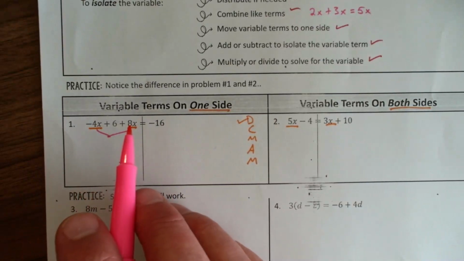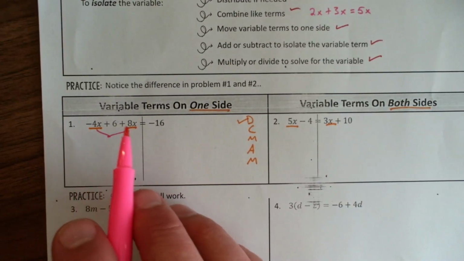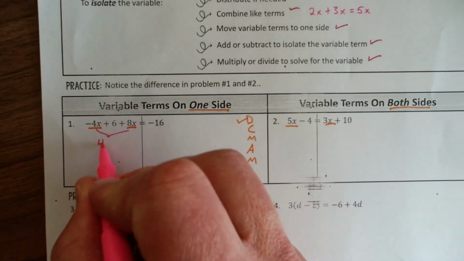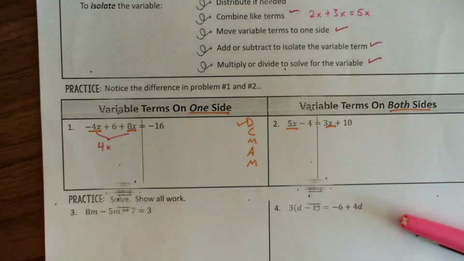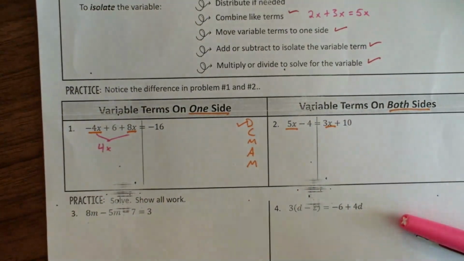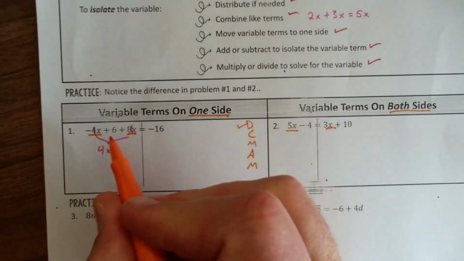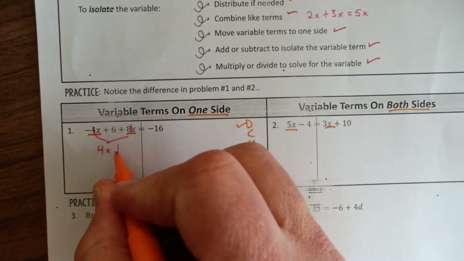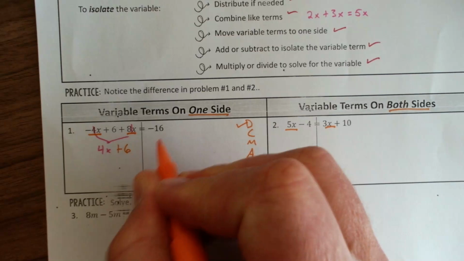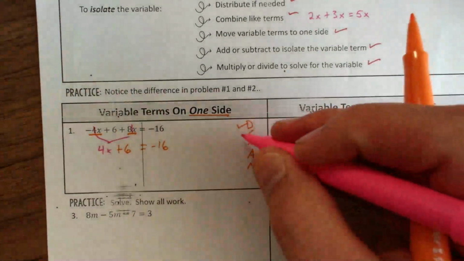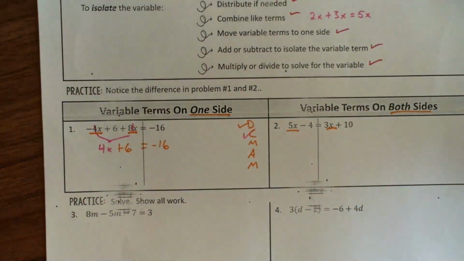If I have 8 of something and I take 4 away, I'm left with 4x. Nothing happens to the 6, so it stays as plus 6. Nothing happens with the 16, so it stays as negative 16. That step is done.